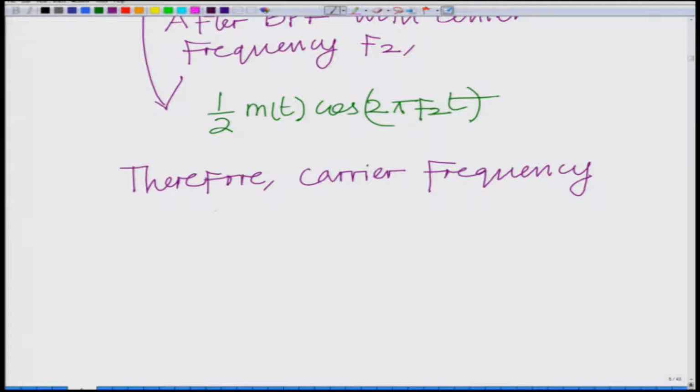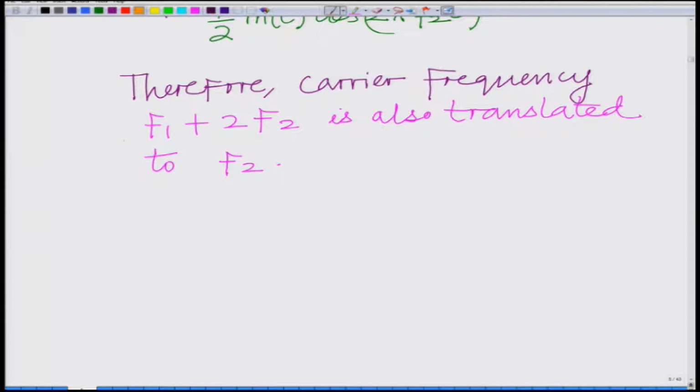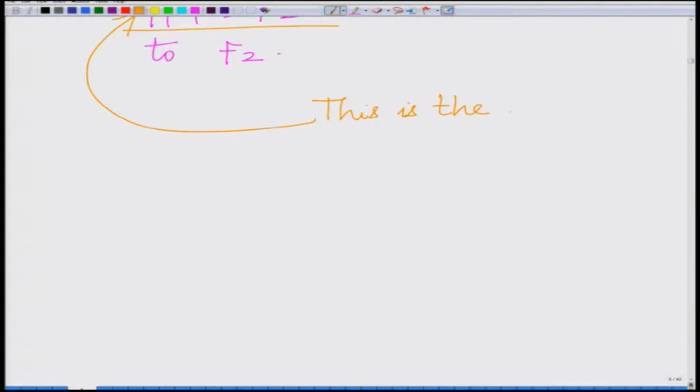So, the carrier frequency f1 plus 2 f2 is also translated, and this f1 plus 2 f2 is termed as the image frequency.